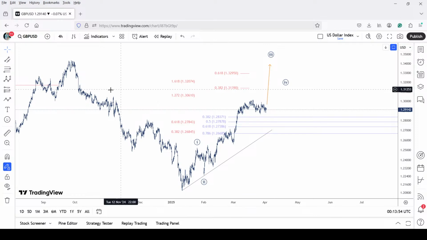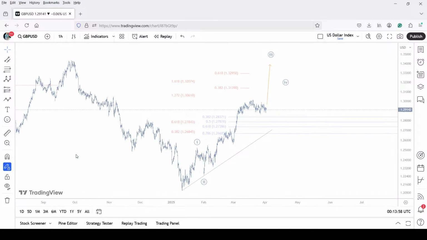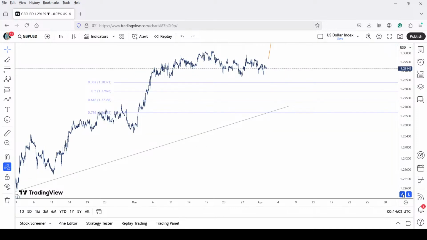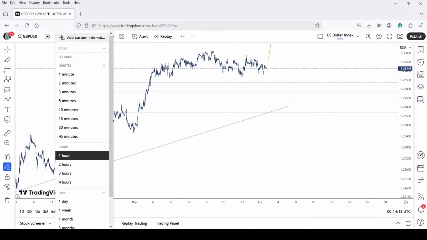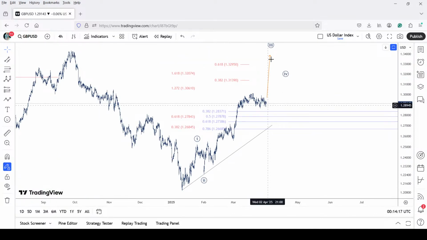Possibly we have lower degree waves, 1s and 2s also being carved out. We've got wave 1 and 2 being carved out. And if that is correctly done, then we are looking at the third wave rally to materialize soon enough with a potential target of 32, possibly 35 actually.